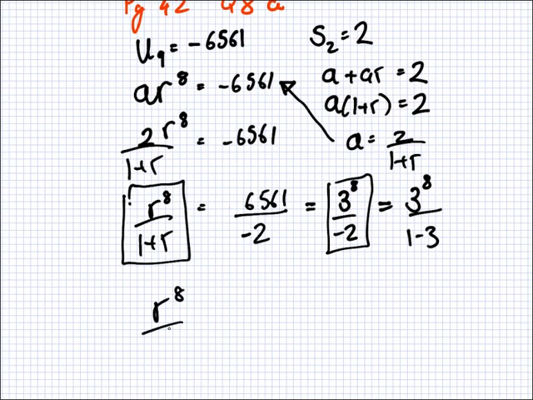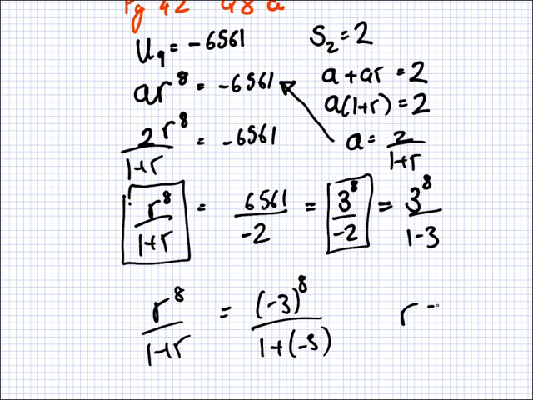Instead of 3 to the 8, minus 3 to the 8, and instead of 1 minus 3, 1 plus minus 3. So I've manipulated the right hand side so it perfectly matches the left hand side. Clearly r has to be minus 3, which I'm sure is the answer at the back, isn't it? Yeah.